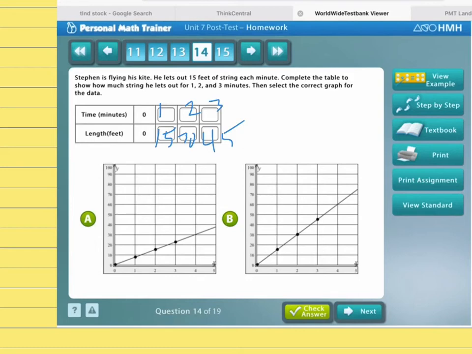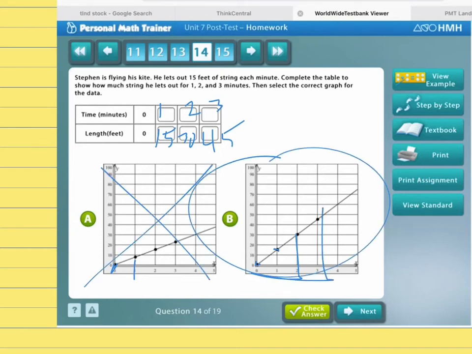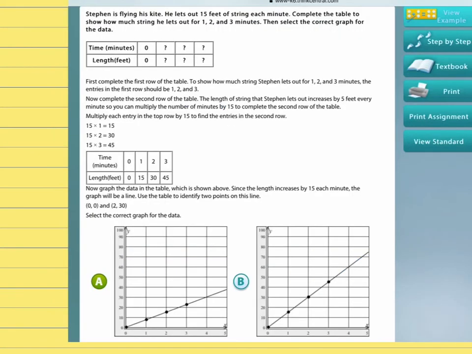So we start at origin, 0, 0, yes, yes. 1, 10, no. 1, 15, yes. 2, 30, yes. 3, 45, yes. A is out, B is the correct answer. And there you go. They've drawn the table, they've extended the pattern, and they've graphed it appropriately. So take a second to read this, study this, and get an A+.